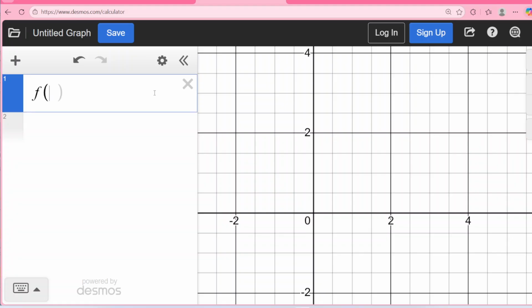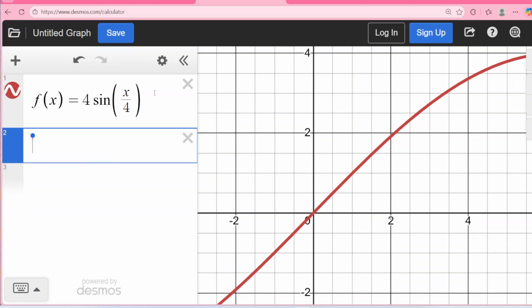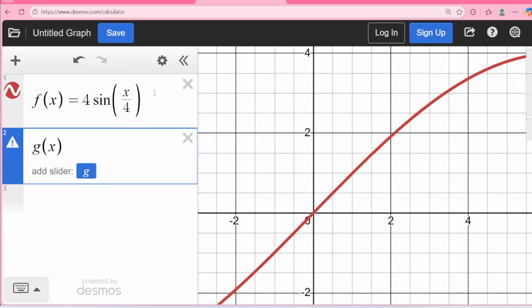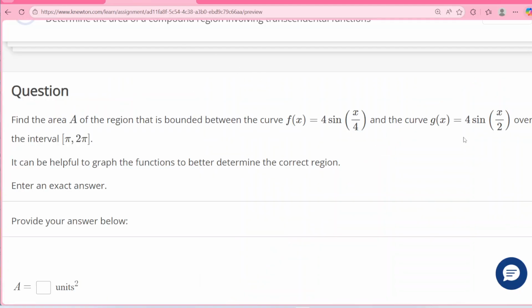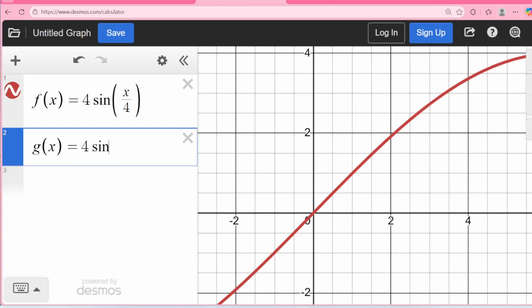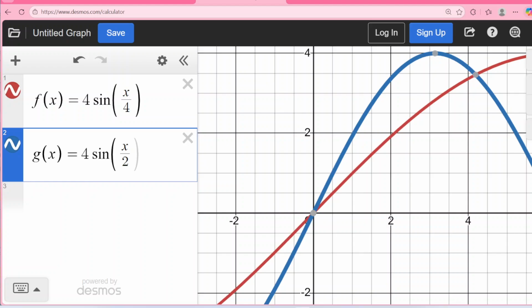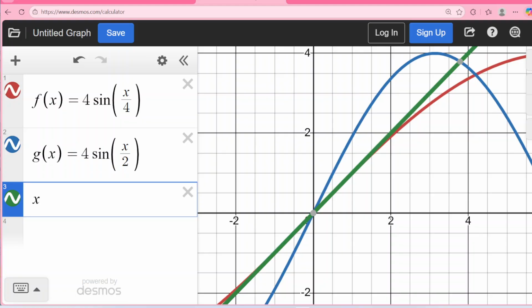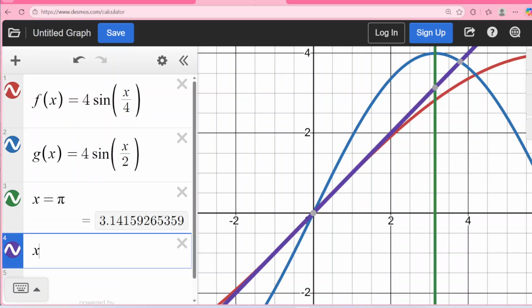So f of x was 4 times the sine of x over 4. The other one, g of x, was 4 times the sine of half x, so x over 2. And we're only looking at from x equals pi to x equals 2 pi.